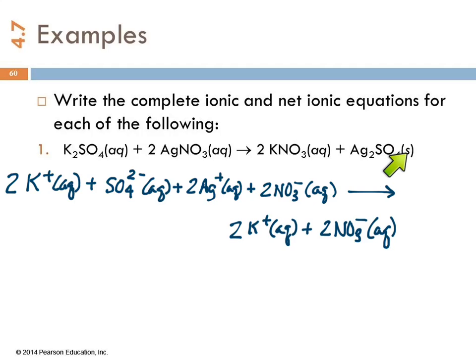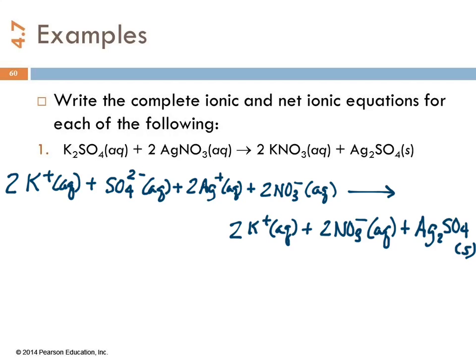And this one is a solid, so I'm going to leave him alone. Because silver and sulfate are really into each other. They're not mingling anymore. That's the complete ionic equation, showing all the ions.